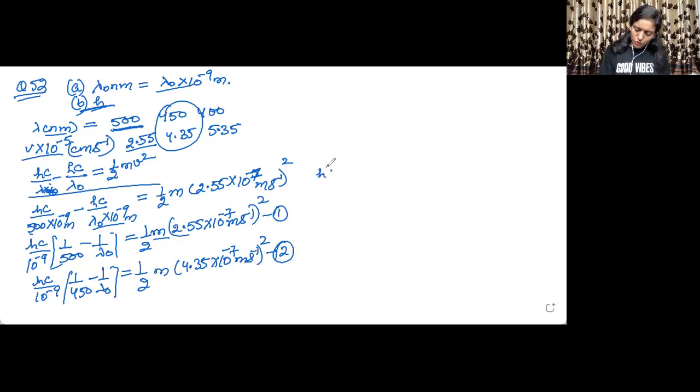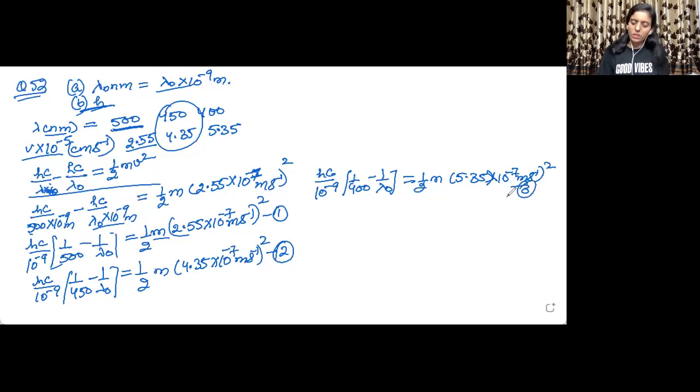We need only two equations, but it has been given, so we can write the third equation also: 1 upon 400 minus 1 upon lambda naught equal to half m V squared, where V is 5.35 multiplied by 10 raised to the power minus 7 meter per second, whole square. So this is equation number 3.